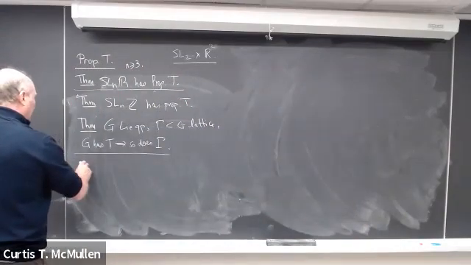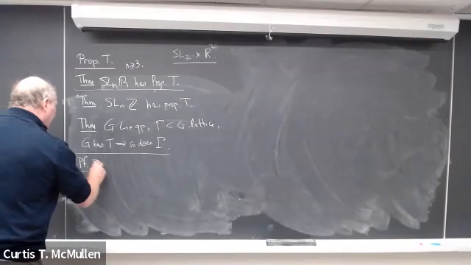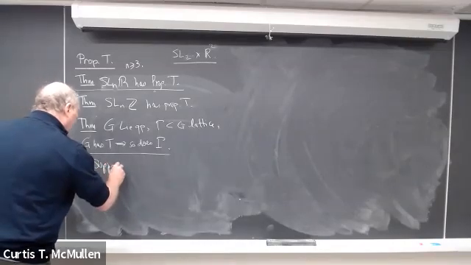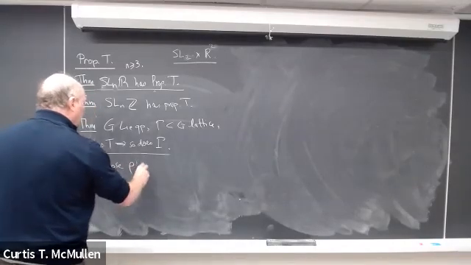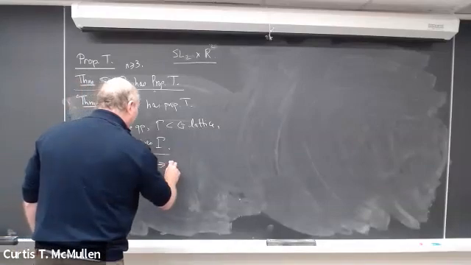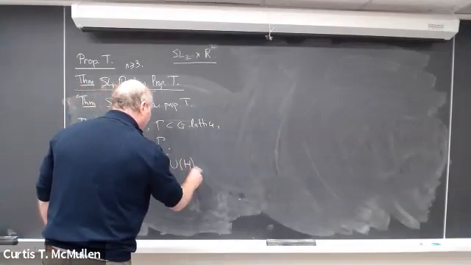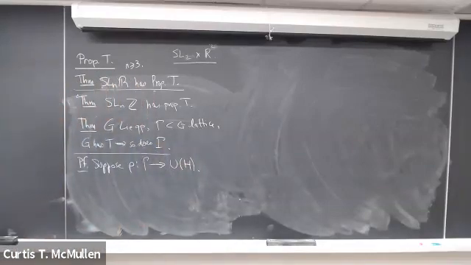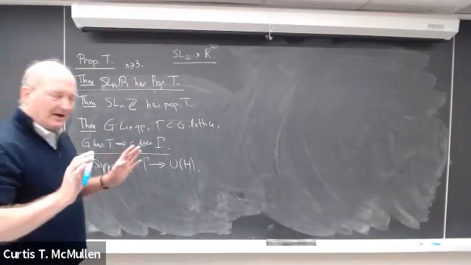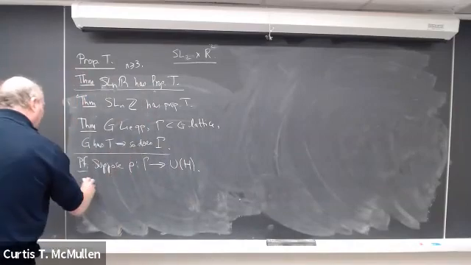What we do is the following. We say, suppose we have a representation rho from gamma into U(H). And let's not put any hypothesis on it for the moment.